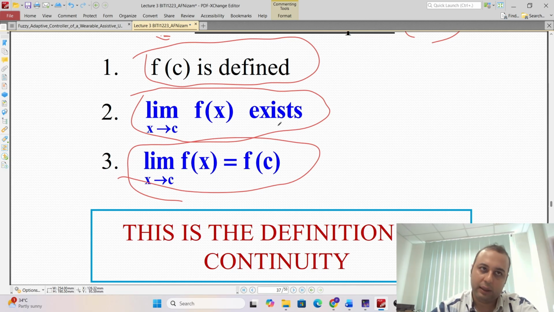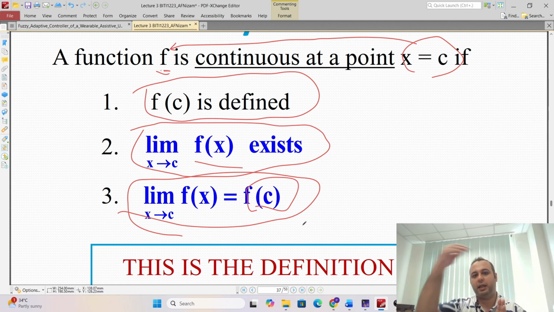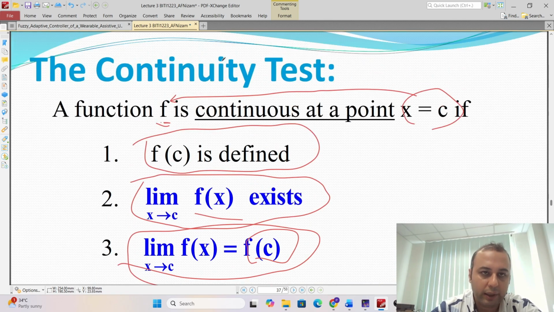First, f at that point, if we substitute that point, should exist. The limit of f(x) should exist. How does the limit exist? From the left side and right side equal. This one we had before. You can refer to how the limit exists. Limit of f(x) equals f(c). f(c) means c substituted inside f(x). Actually, this is f(x).